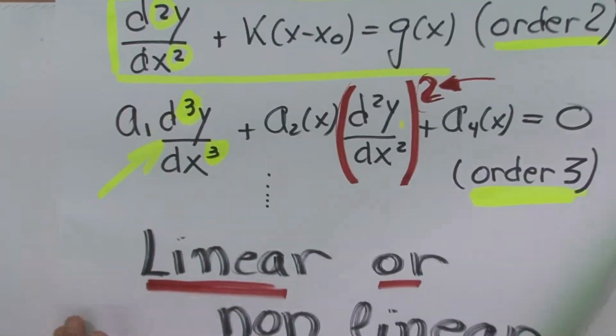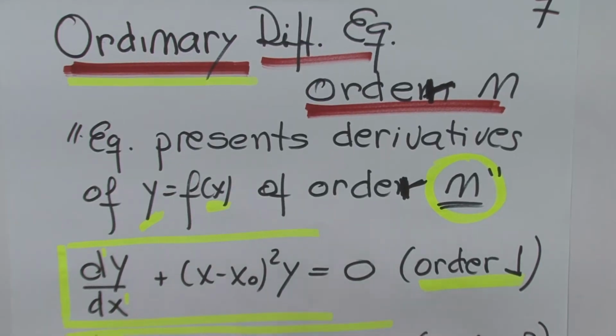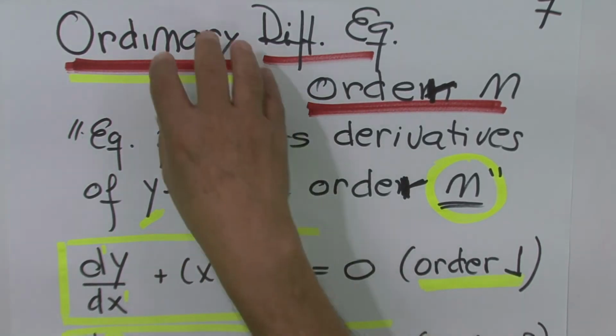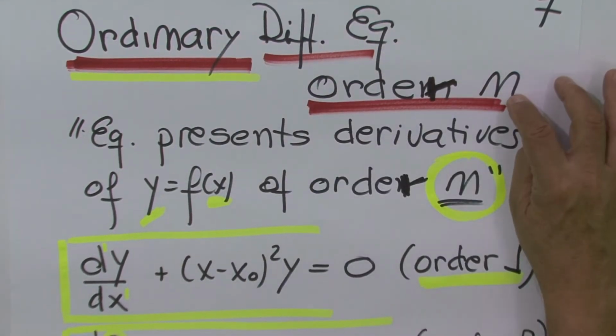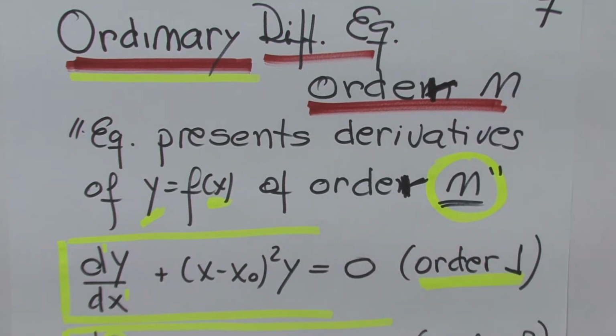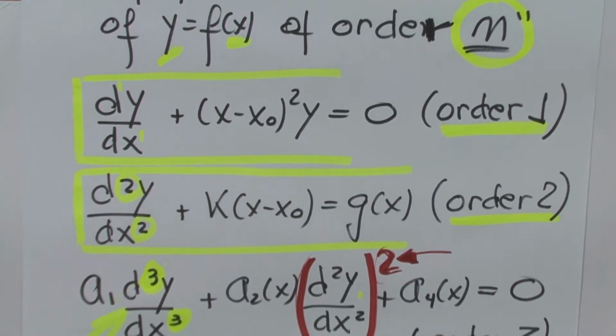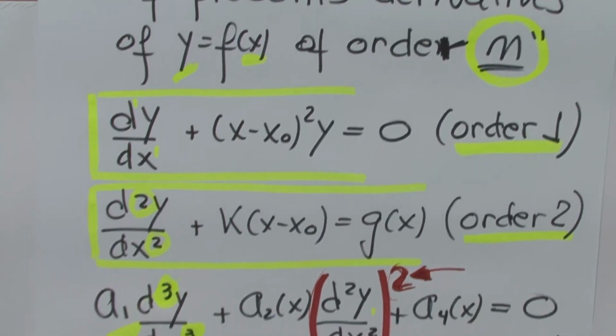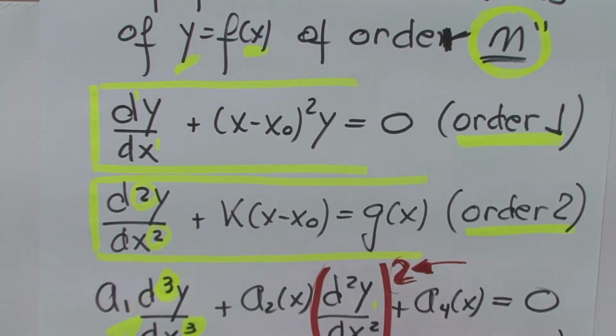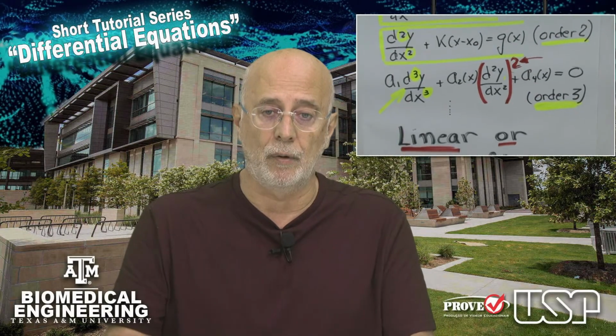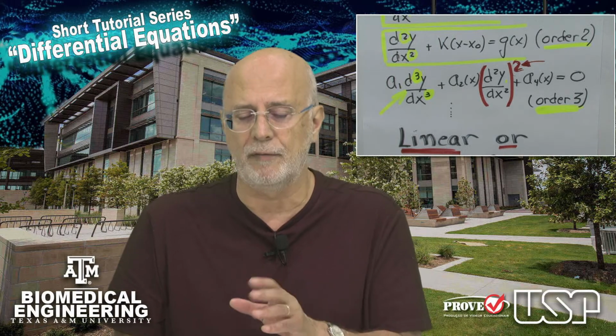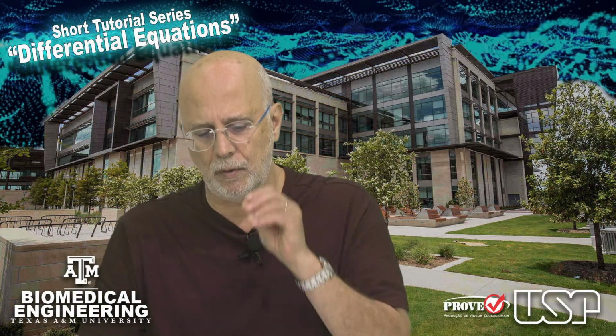So we are dealing mostly in the first part of this tutorial with ordinary differential equations of order n, linear, which means those example types that I gave you, except taking this out, right? So don't confuse the order of the differential equation with being linear or not. You can have a high order and still be linear, okay?